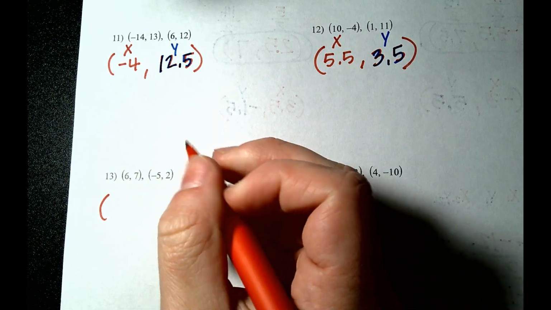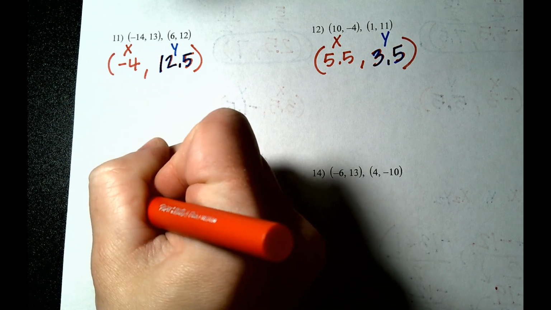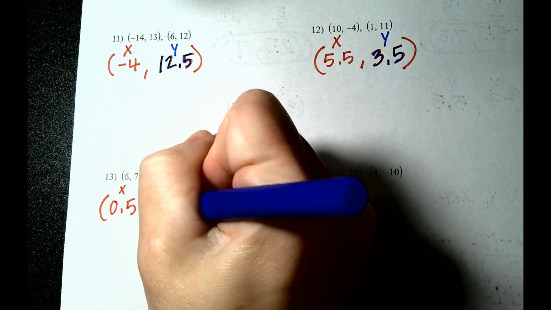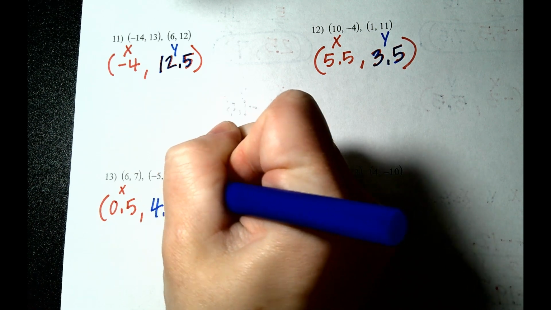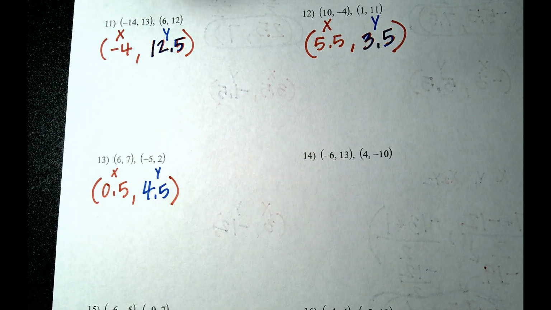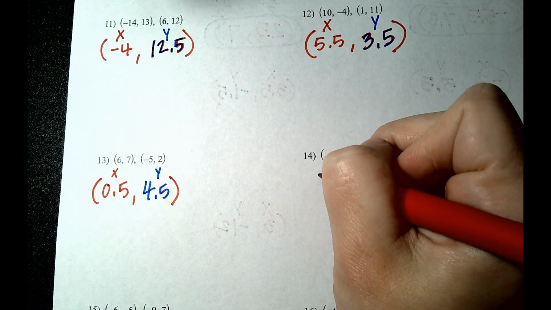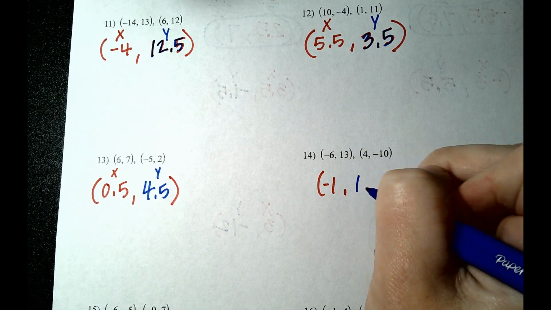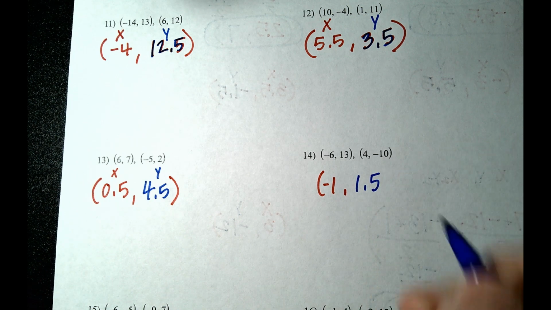Number 13, the x is 0.5. The y value should be 4.5. Number 14, the x value is negative 1. The y value is positive 1.5.